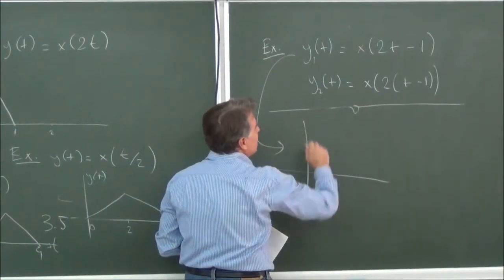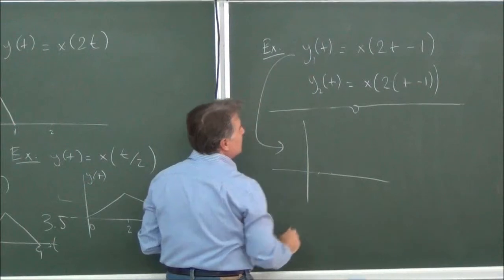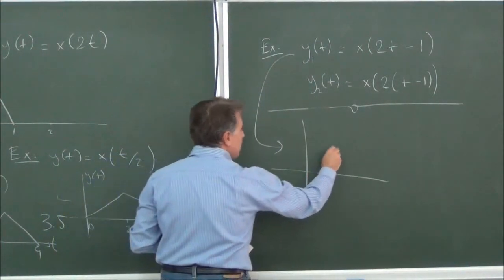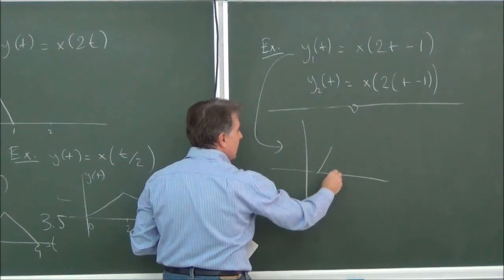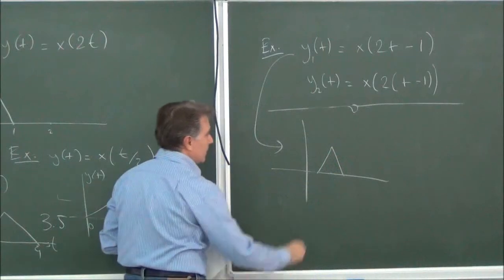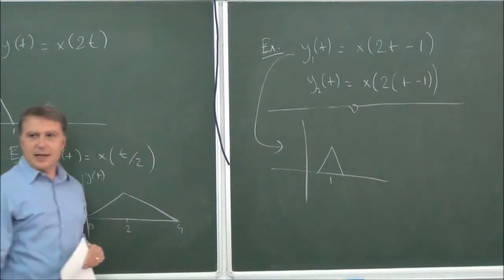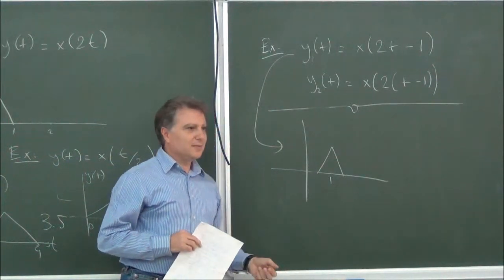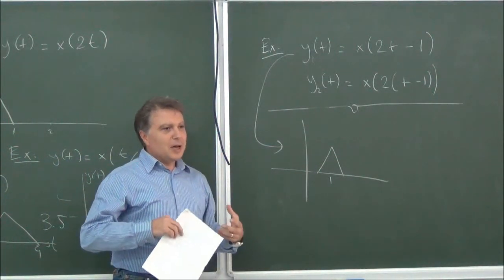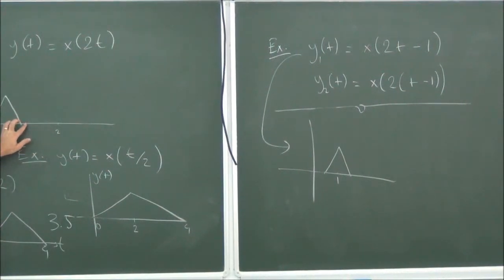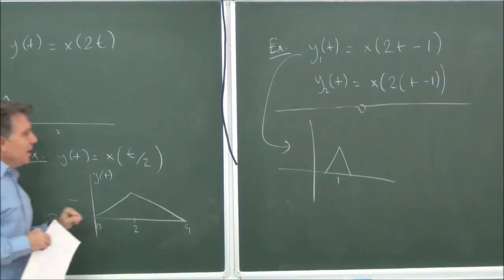And then at 1, it reaches the maximum. And then at 1.5, it gets down. So the shape is like this. It is not narrow first and then moved by 1. It's different. It is moved, this one moved by 1 first and then narrowed. Like this.